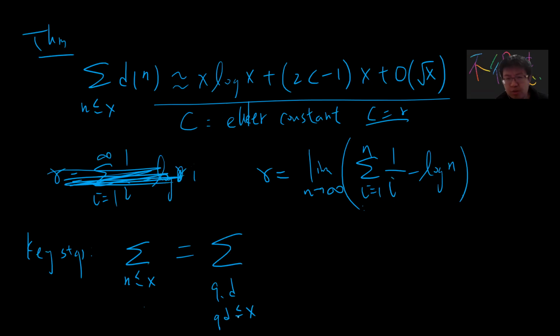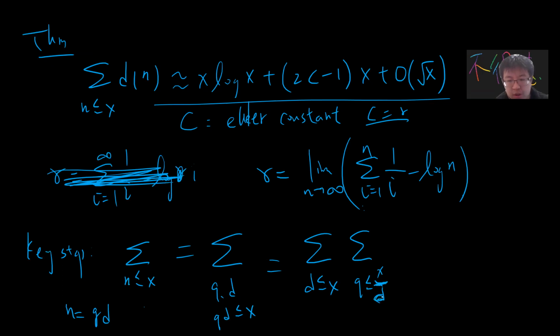This is very simple: just write n equals qd, and then you can separate the sum in terms of d less than or equal to x, and q less than or equal to x divided by d. Only this step is non-trivial. The rest is simple: because qd is less than or equal to x, d is less than or equal to x, and then for each d, q is less than or equal to x divided by d.